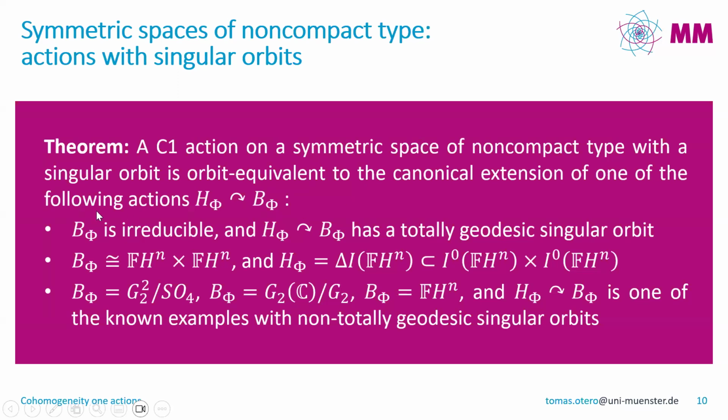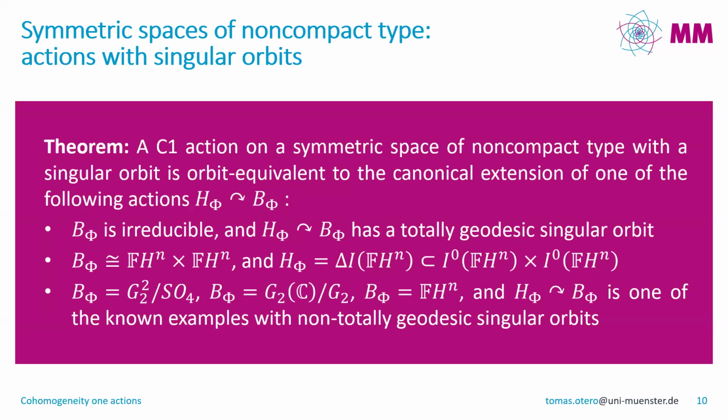Either you have a boundary component which is irreducible and your action has a totally geodesic singular orbit. And essentially, in this case, you are able to use duality to work with the corresponding actions. And so Berndt and Tamaru gave a complete list for any irreducible symmetric space. There's a list of actions that arise this way.